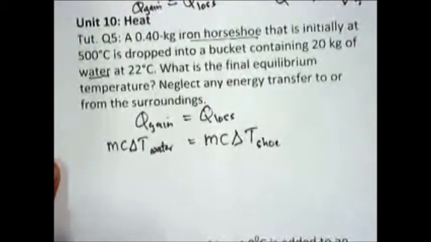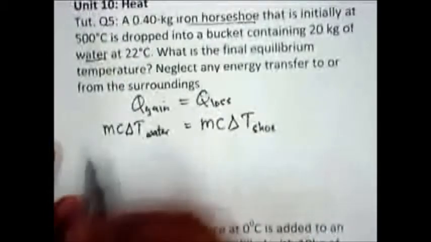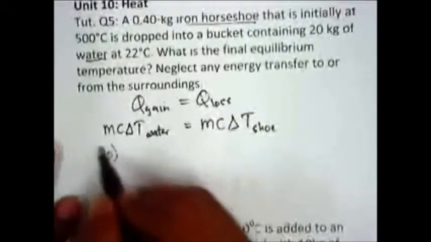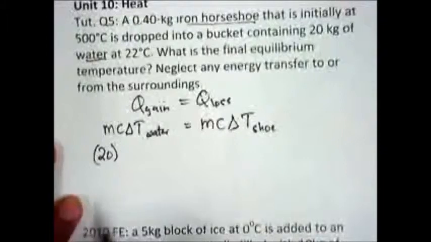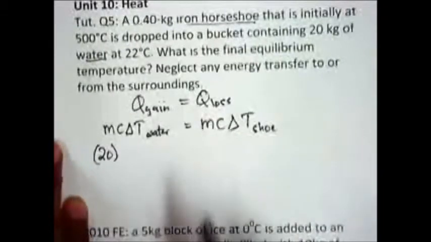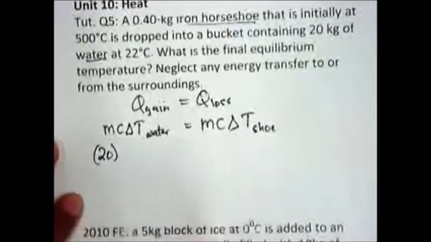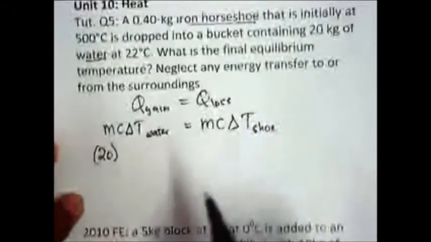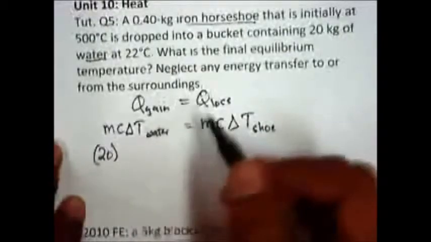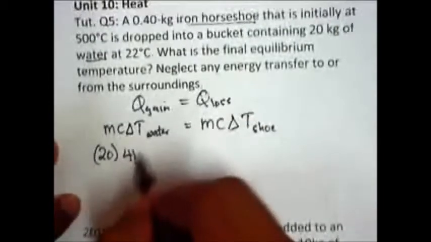The mass of the water is given as 20 kg. So if we put that in, we have 20. The specific heat capacity of the water is around 4,200, so you can use that, or 4186.